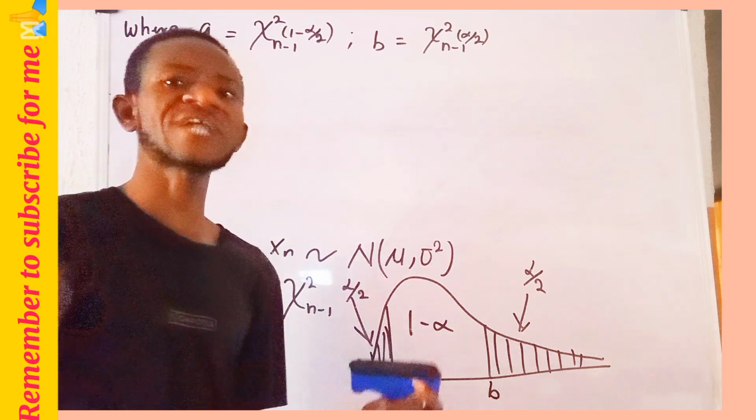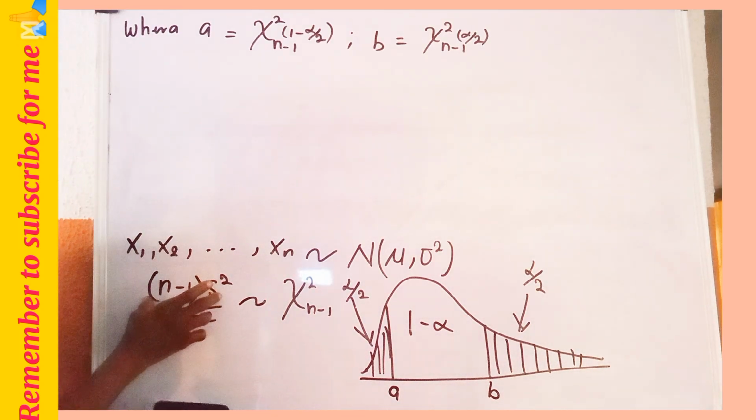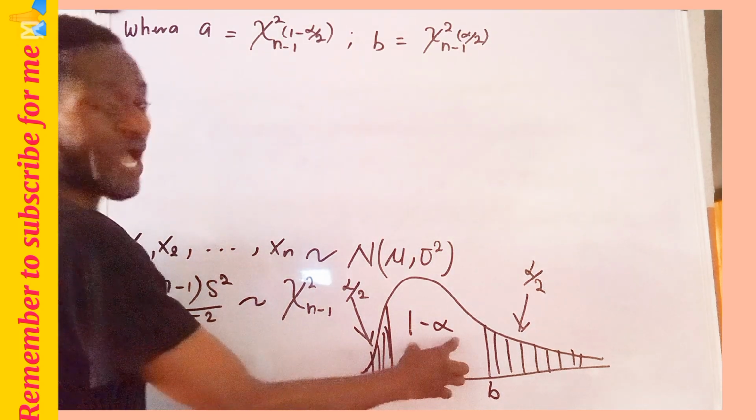Now we will first of all start by trying to construct a confidence interval for the whole of this. Here is 1 minus alpha.